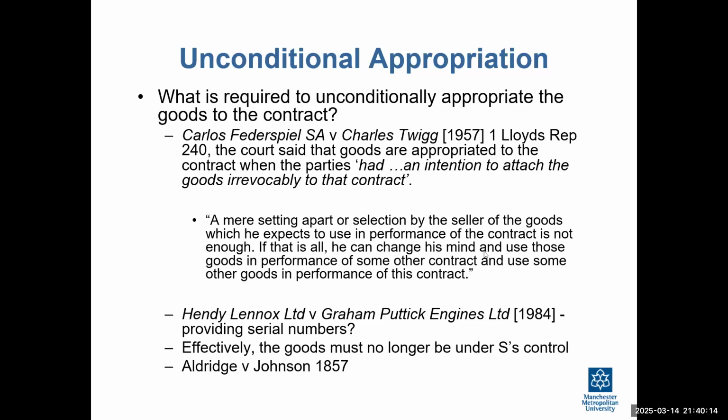If that's all, he can change his mind and use those goods in performance of another contract. Now, talking about the serial numbers you mentioned earlier in the comments. If it's a mobile phone or a computer and you've sent the serial number to the buyer, it has become unconditionally appropriated, because sending it to the buyer means you cannot turn back. But if you don't send it to the buyer, you can still sell the computer to someone else.